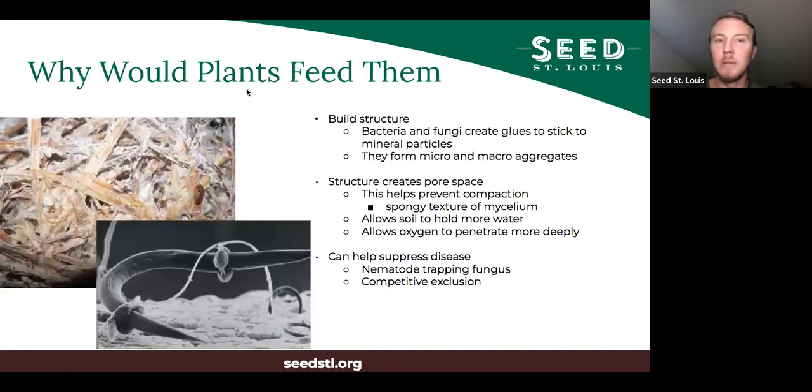So why would plants feed them? That's a lot of energy to be giving. They must be getting something, doing something important in the soil. And it turns out they're doing something real important.